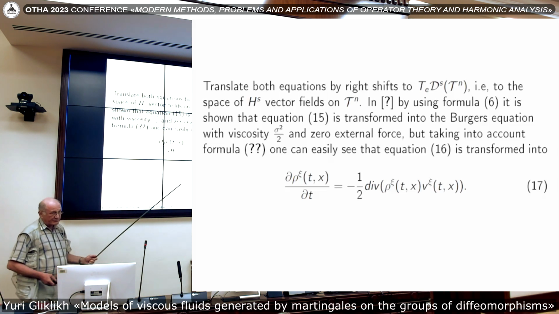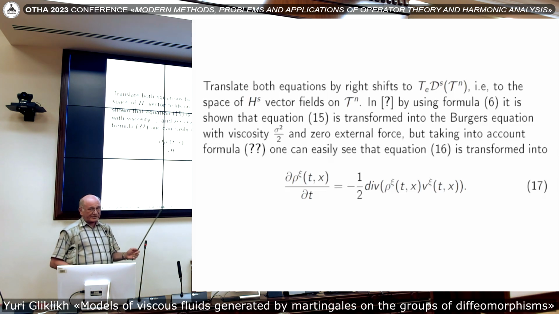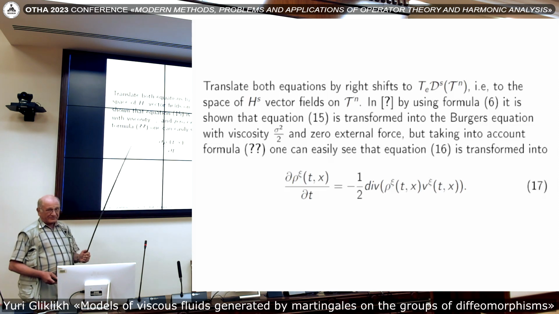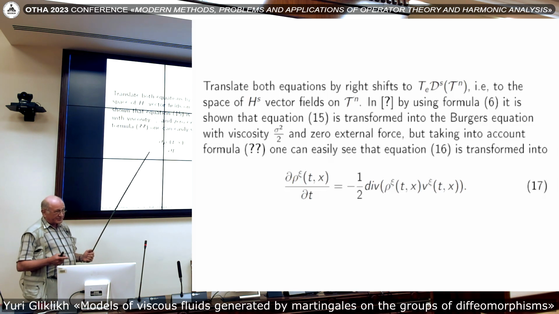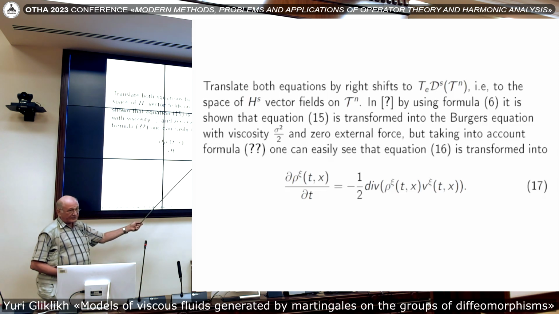So this martingale describes a solution of Burgers' equation. It's a viscous fluid with some viscosity sigma square over 2. And please note, it exists. It is constructed from Wiener processes that exist. And also, it satisfies this analog of the continuity equation.